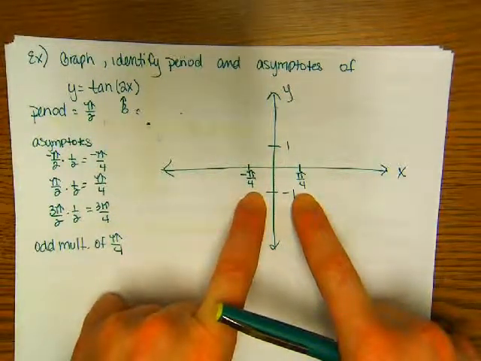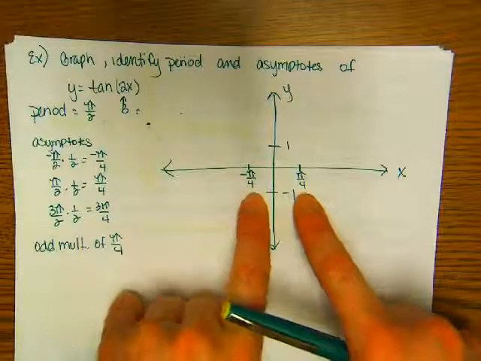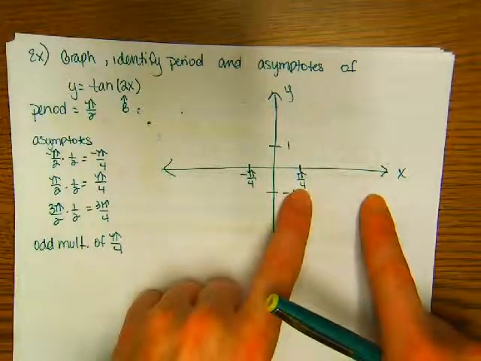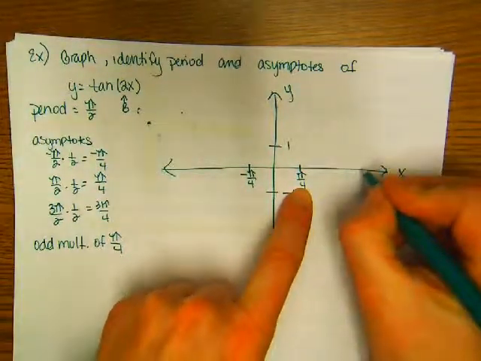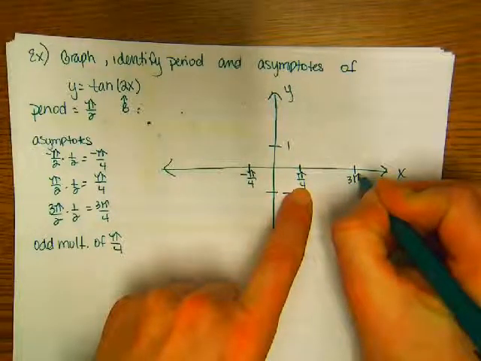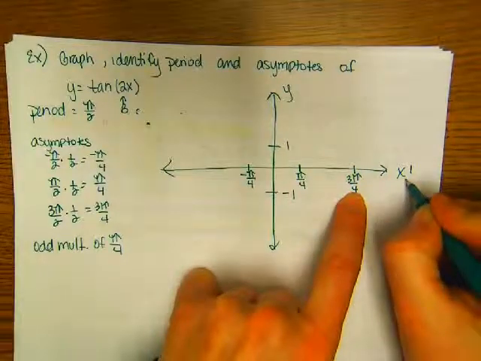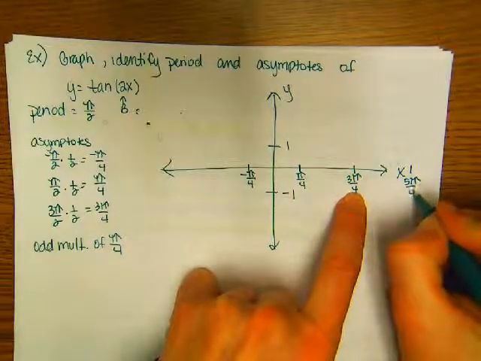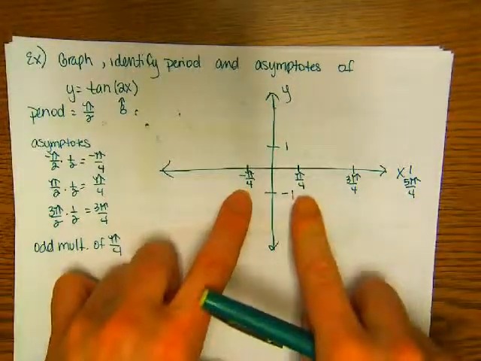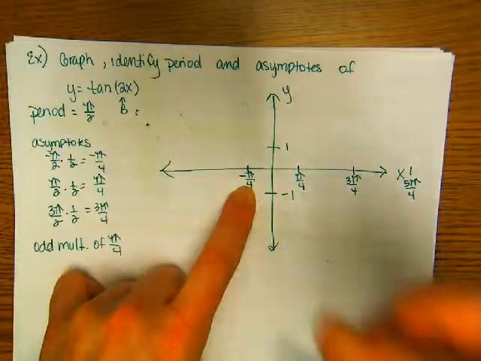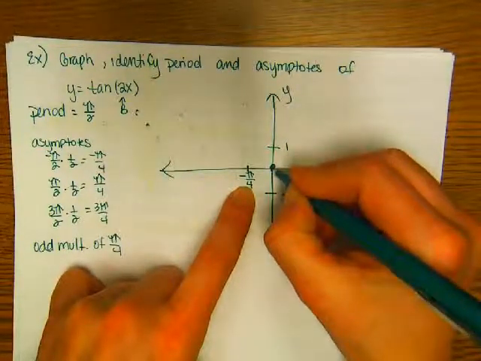So that's going to be like my first cycle. And then I'm going to make that equally spaced to the next one, which would be pi fourths to 3 pi fourths. If I wanted to do the next one, it would be 5 pi fourths, because that's the next odd multiple.